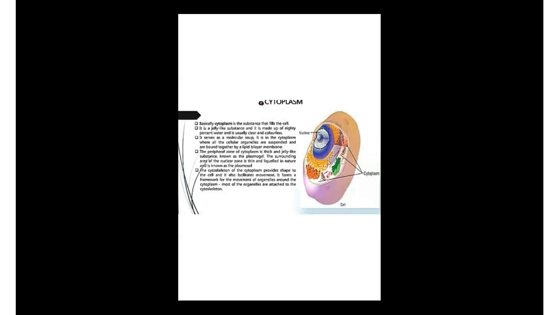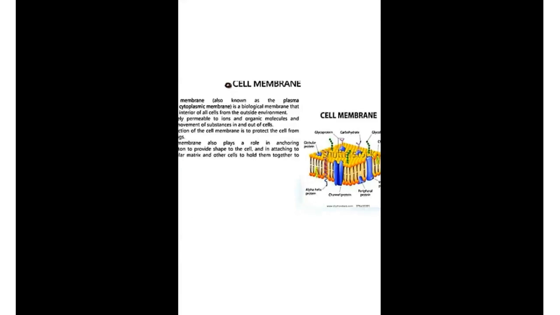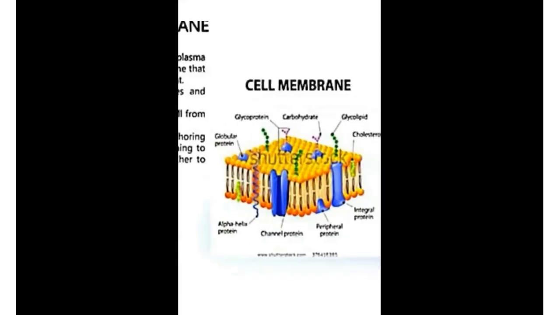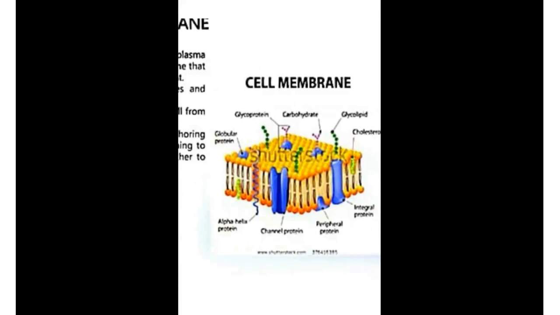Okay, so cytoplasm holds everything. One thing I need to tell you: in the last class when I zoomed out this picture, I forgot to tell you that this membrane is a bilipid layer formation. You can see that on both sides there is a dotted substance and they have a tail. When you see the structure, the bilipid has two layers, one head side and another tail side.